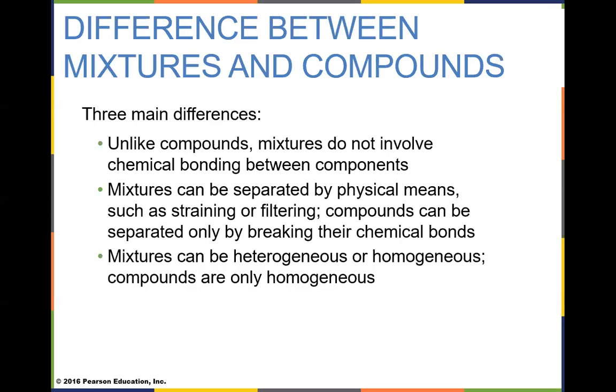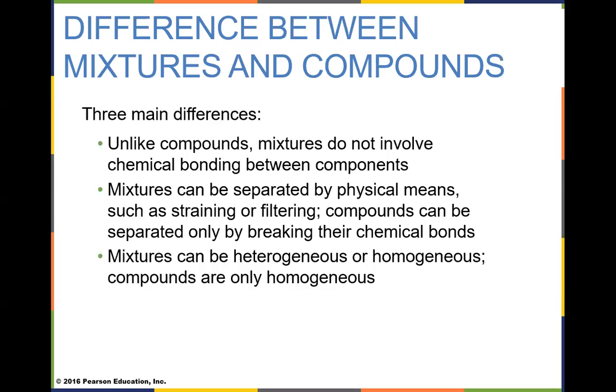Mixtures can be heterogeneous. It can be a mix of any number of things, like concrete and gravel, or sand and water. Or they can be homogeneous, like a salt solution or tea. They can be like milk with the fat particles floating in there, or salt water with the salt crystals floating in solution.